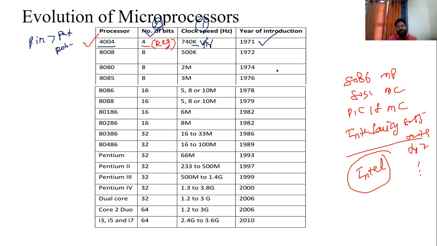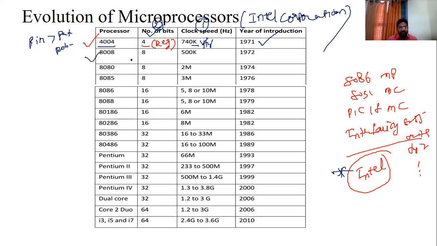Remember, Intel developed the first microprocessor. All these microprocessor evolutions are by Intel Corporation. Remember Intel Corporation.